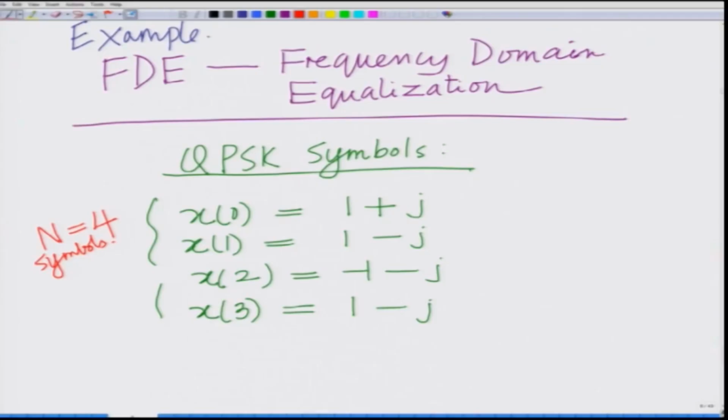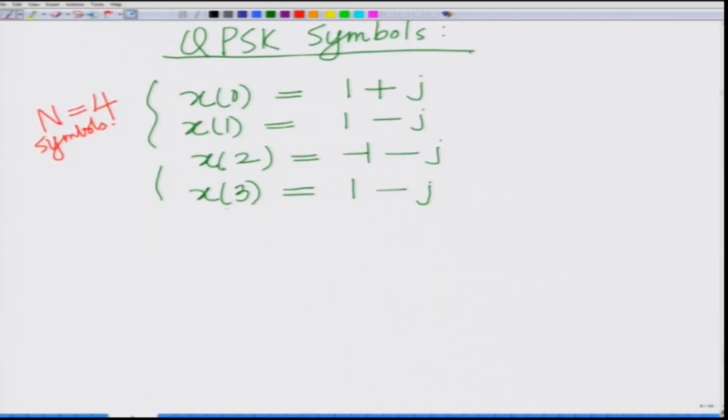There are no subcarriers really speaking in an FDE system, so you can think of it as a system with block size capital N equal to 4. These are directly the symbols in the time domain, not the samples, because in OFDM we transmit samples in the time domain.